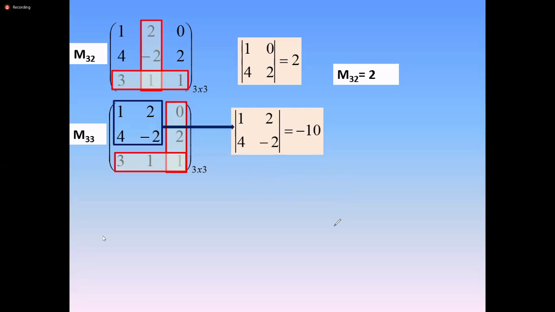Okay, I think I explained it very clearly with diagrams, but you don't need to do this like drawing boxes and writing in the elements. At once you can calculate the minor values. Then what is meant by the cofactors?